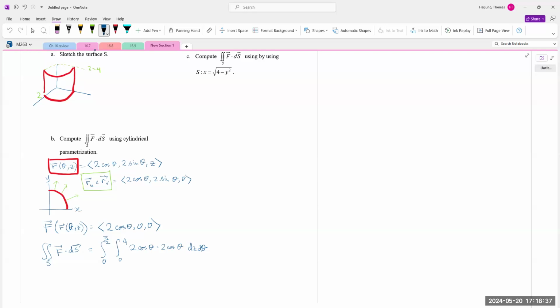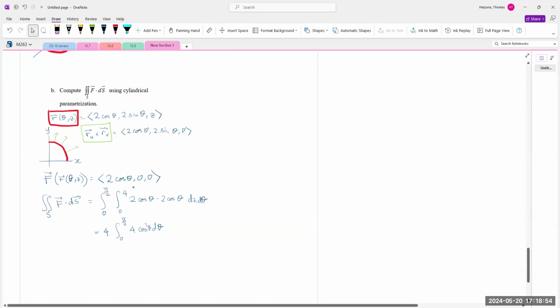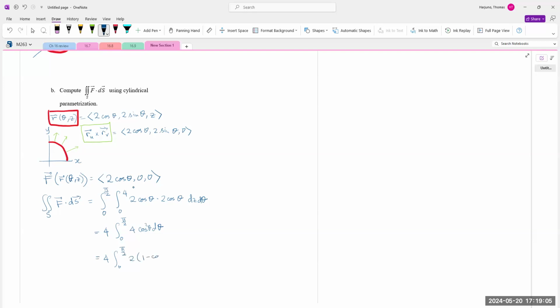Okay, it's independent of z, so I can take the 4 out. 0 to pi over 2 of 4 cosine squared d theta. That is 4 times the integral from 0 to pi over 2 of one half times 1 plus cosine 2 theta d theta.